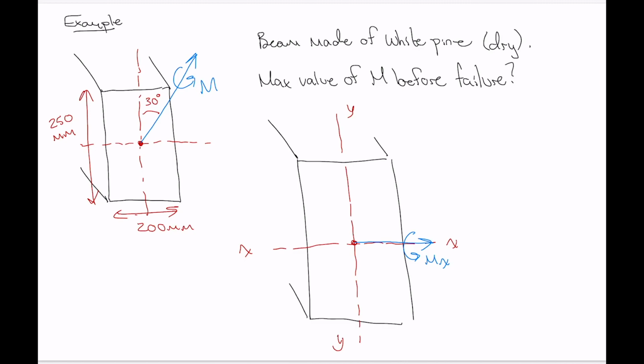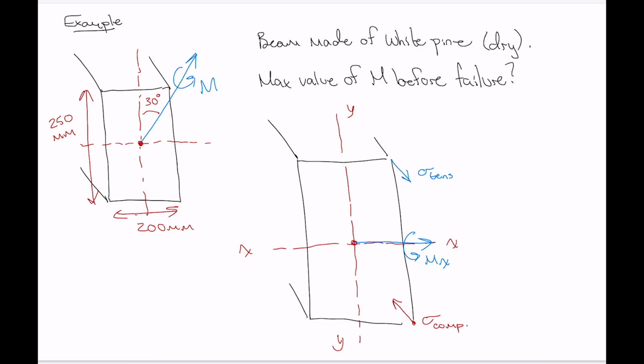In that orientation, Mx is taking the top of the beam and pulling it outwards, and taking the bottom of the beam and pressing it inwards. So we've got tensile stress at the top there and compressive stress at the bottom.